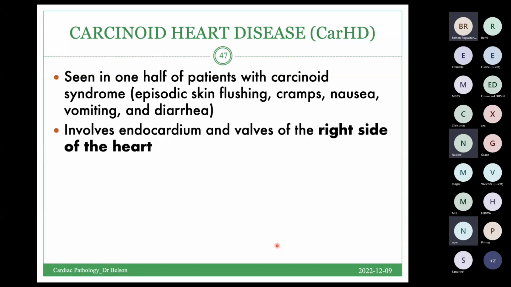We have tumors arising from neuroendocrine cells. So it means whenever we have endocrine glands, we can have a carcinoid tumor. A carcinoid tumor is a tumor arising from endocrine cells.